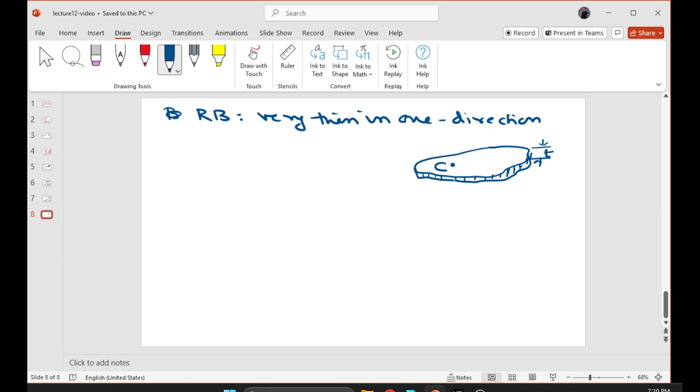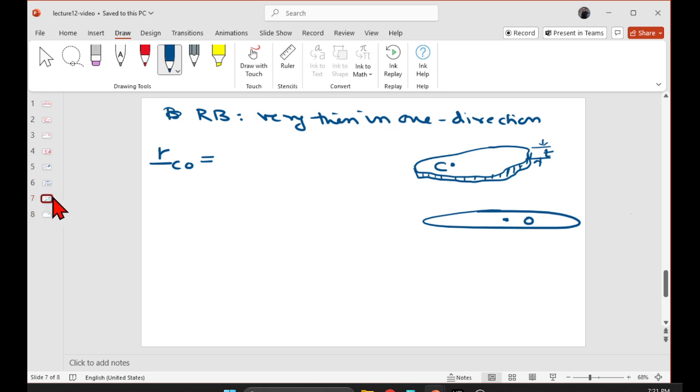For a body like this, having very small thickness in one direction, the center of mass of this kind of rigid body can be found by performing two area integrals.